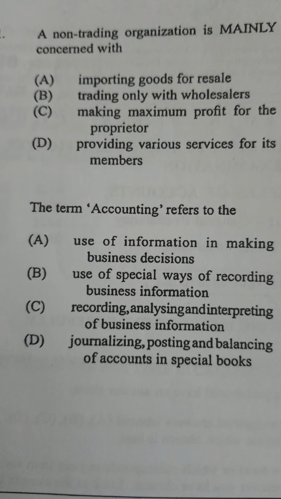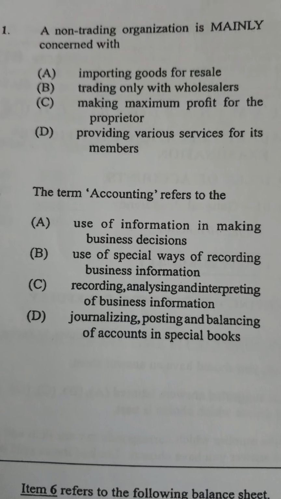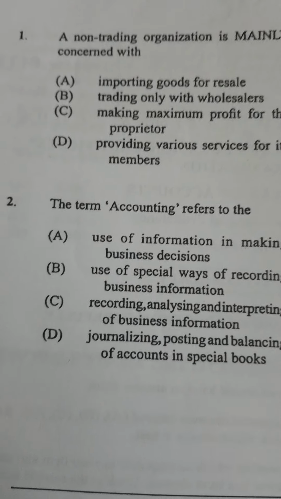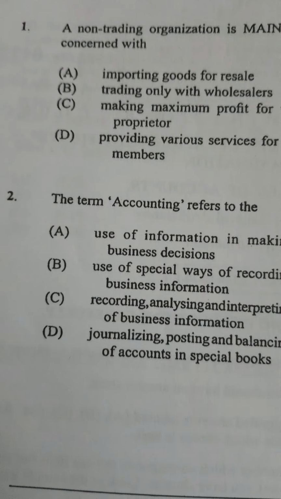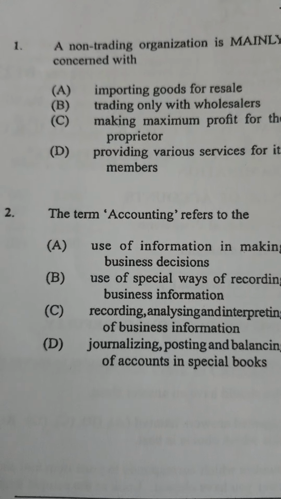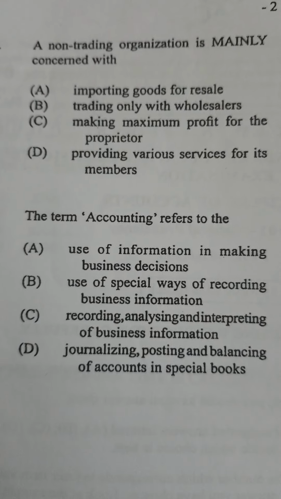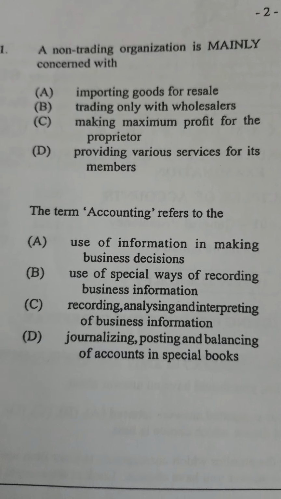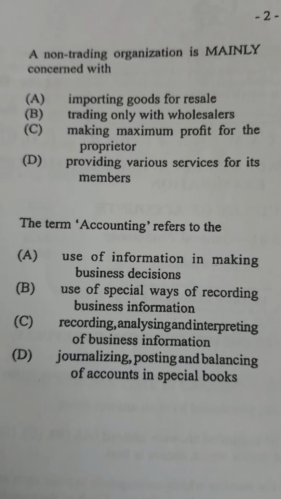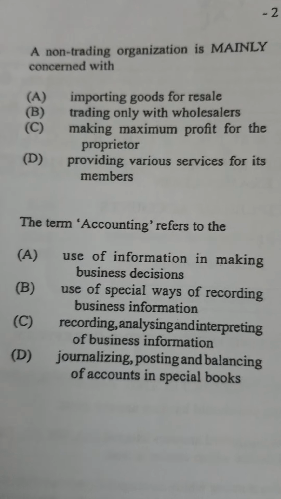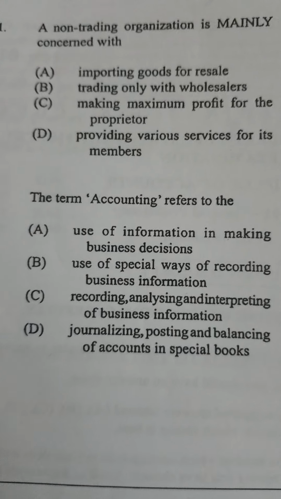All right? And once you can recall which area of the syllabus the question is asking you, then you can easily or best interpret and give the answer. So the answer to this question would be alternative D, option D, providing various services for its members.